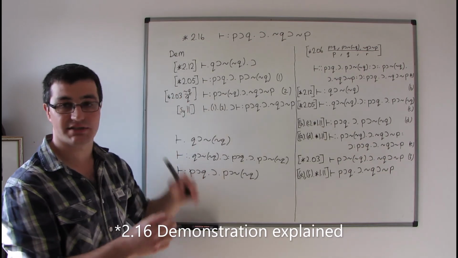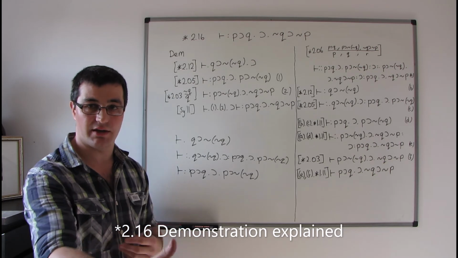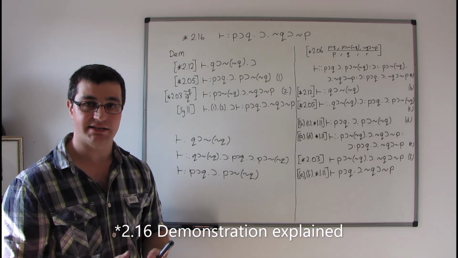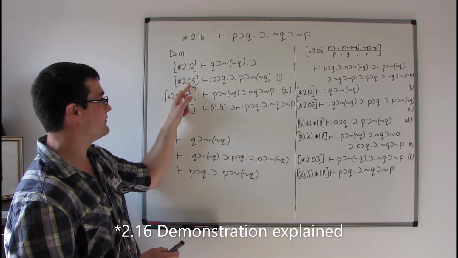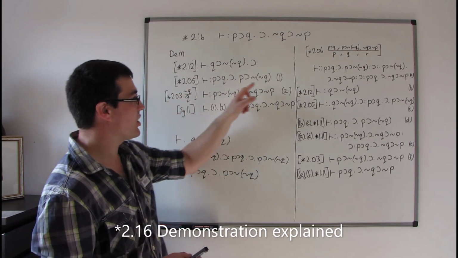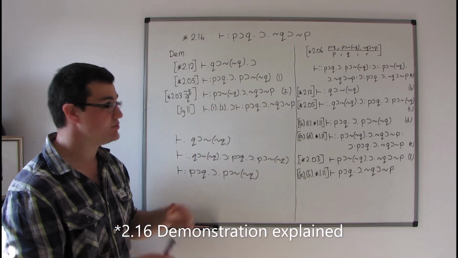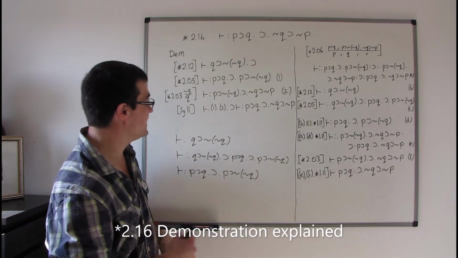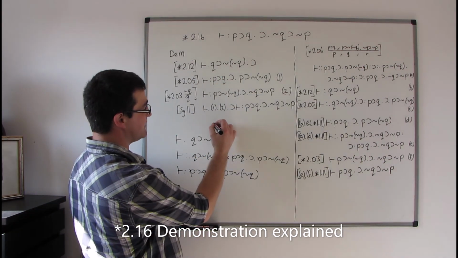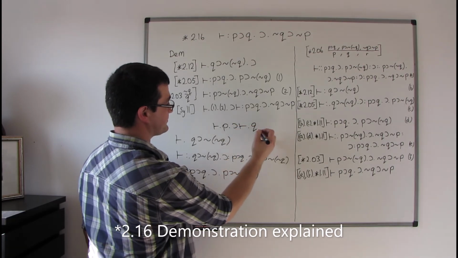What is in these boxes is only a hint as to where things have come from and where they're going. Some of the finer details you've got to figure out yourself. So this is not merely a statement of 2.05, it's just the consequence of 2.05 with the hypothesis already dropped. So think of this line here as a single line effectively saying something like this.